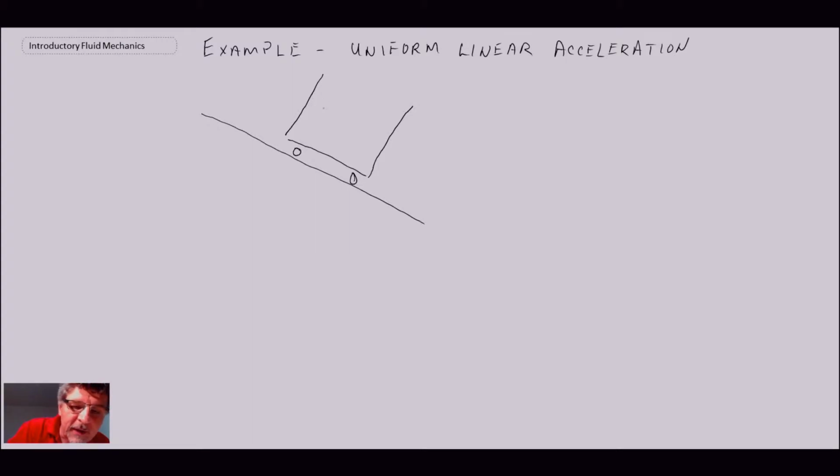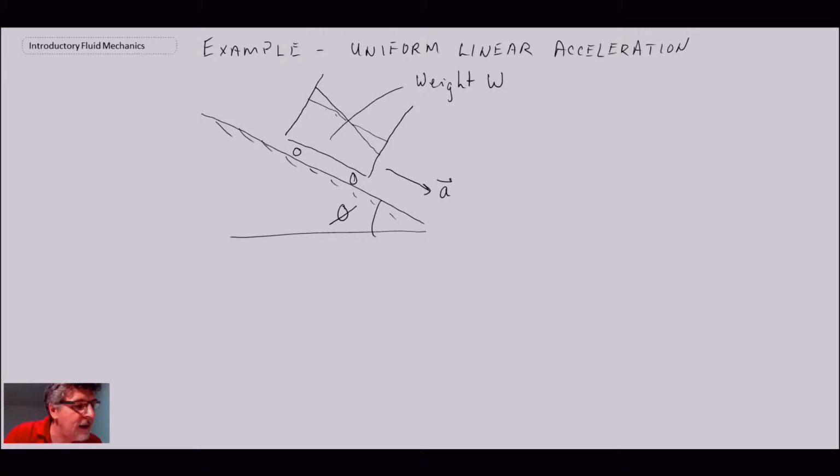We originally start with some fluid that looks like this, but then it's undergoing the effects of gravity, and so the container starts to roll down a hill at some acceleration A. We're told that the fluid has weight W, the angle of the inclined plane is phi, and the wheels are frictionless.